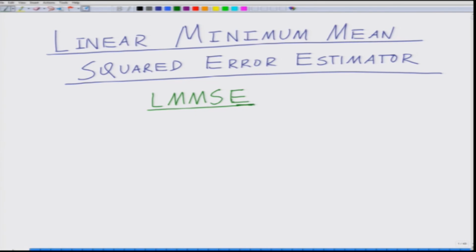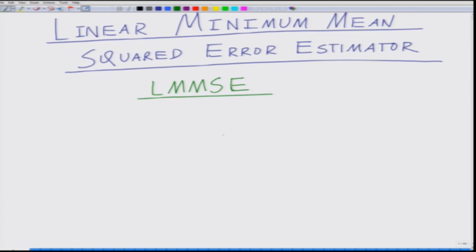In this module we will start looking at the LMMSE estimator, okay, and you can recall that the MMSE estimate, the minimum mean squared error estimate. First we have to understand what is the difference between the MMSE and the LMMSE estimate.